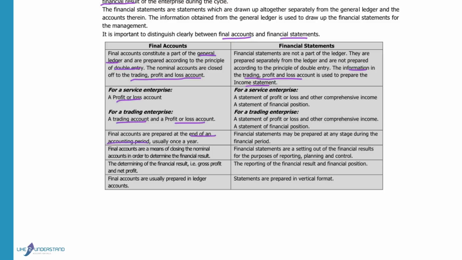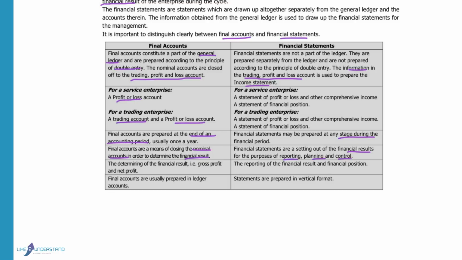Financial statements can be prepared at any stage during the year to see what is the financial performance and position of the business. Final accounts are a means of closing the nominal accounts to determine the financial result. Financial statements are a setting out of the financial results for the purposes of reporting, planning, and control in the business.